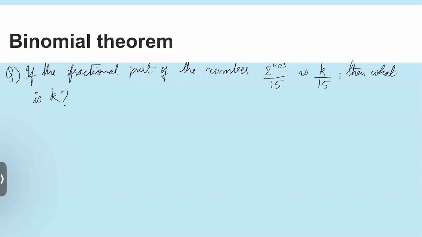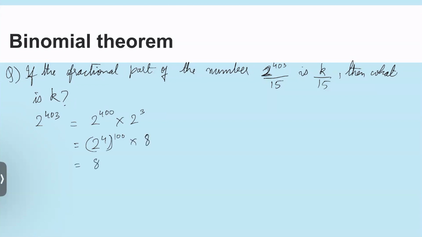Okay, so first we will find the expansion for the numerator. So you can write 2 raised to 403 in terms of 2 raised to 400 multiplied by 2 cubed. Now this you can write as 2 raised to 4, the whole raised to 100, into 8.